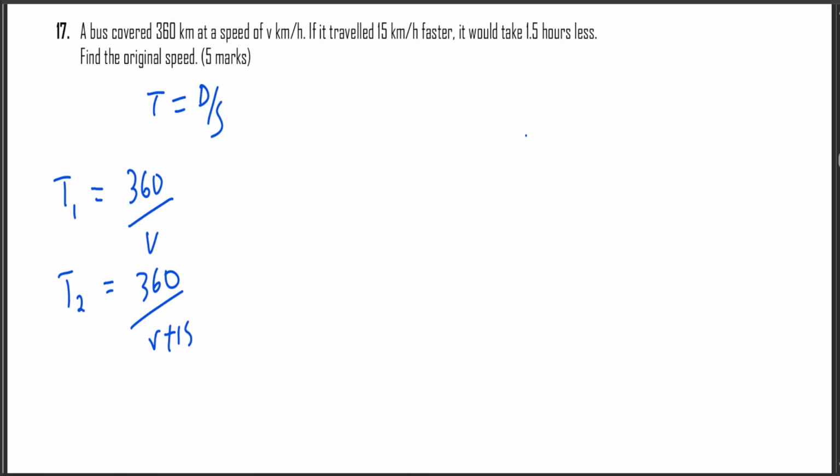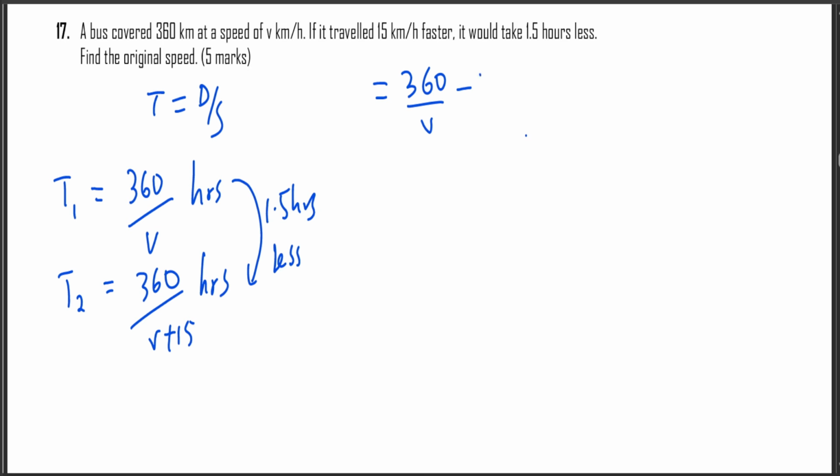So this will give you hours, and this will also give you hours. They're telling you it will take 1.5 hours less. So this means if you take 360 over v minus 1.5, it's going to give you 360 over v plus 15.